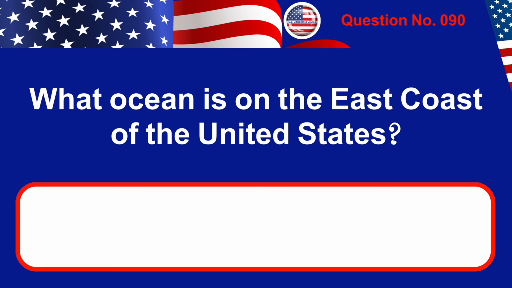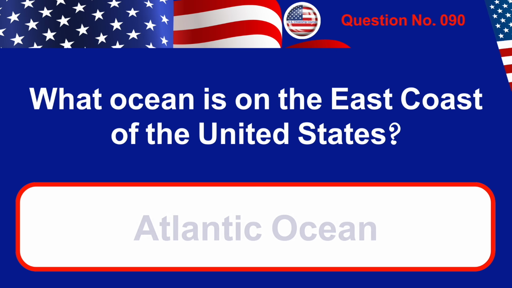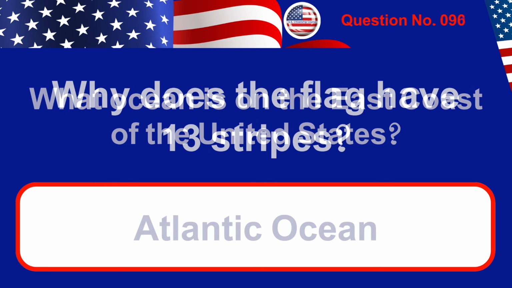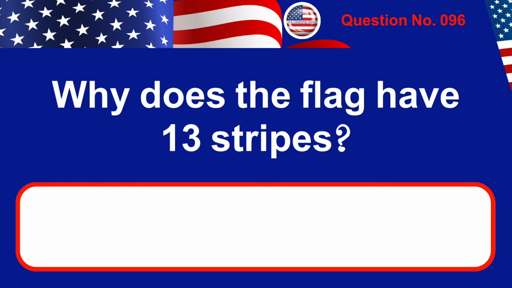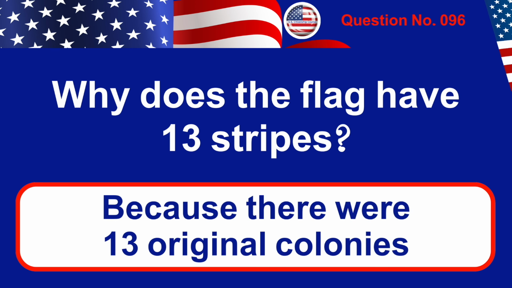What ocean is on the east coast of the United States? Atlantic Ocean. Why does the flag have 13 stripes? Because there were 13 original colonies.